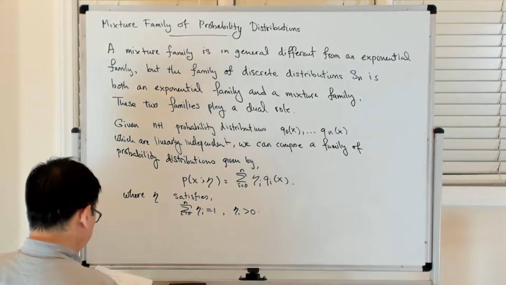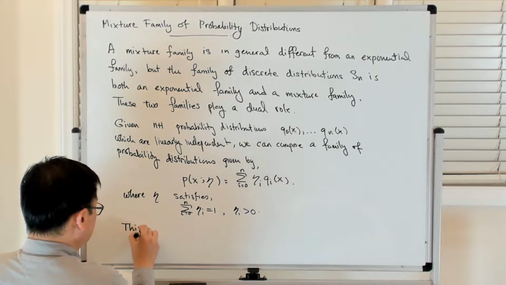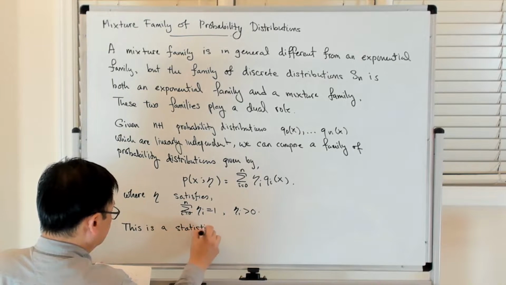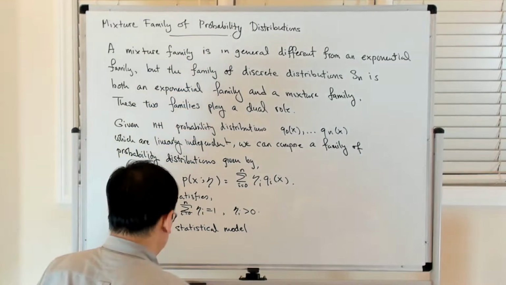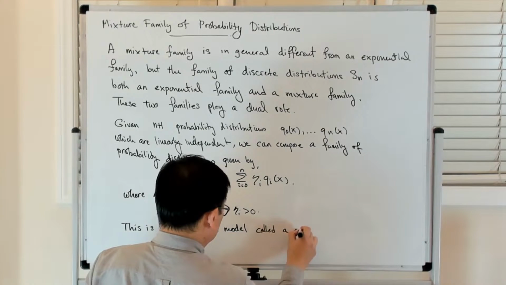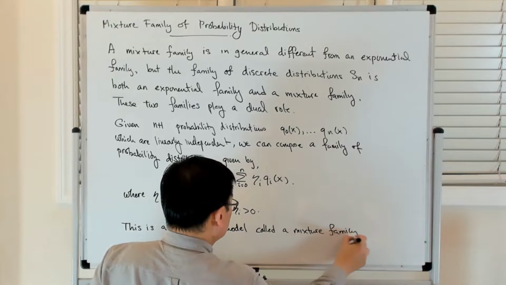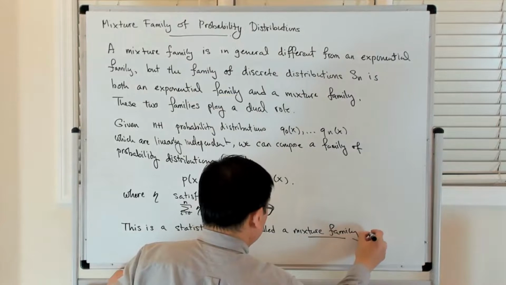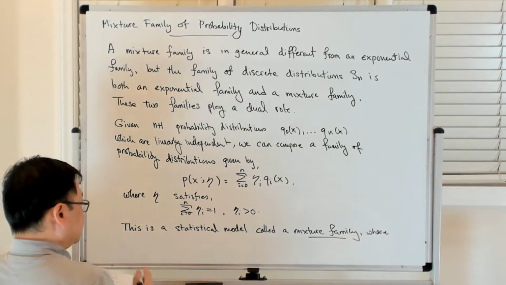Okay. So this is what is called a mixture family. This is a statistical model called a mixture family, where your etas, as you might expect, are a coordinate system.